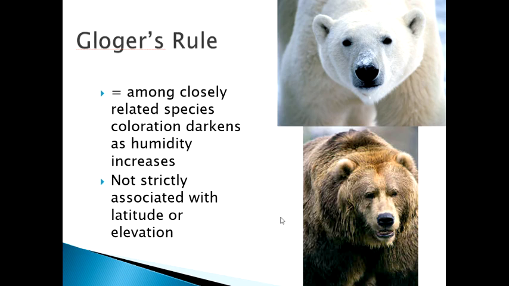Humidities are notoriously low in polar areas where that polar bear exists, and they're much higher where grizzlies exist, and so you see this color variation. It's kind of a minor rule.